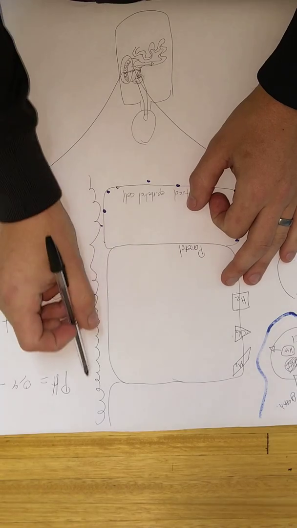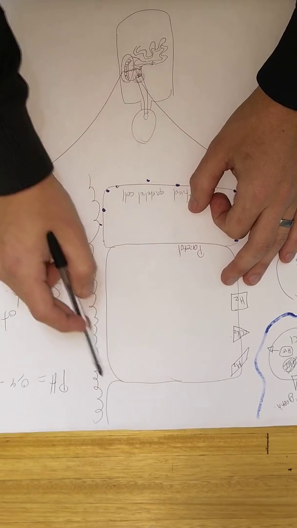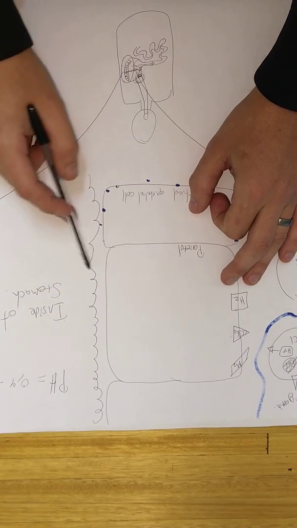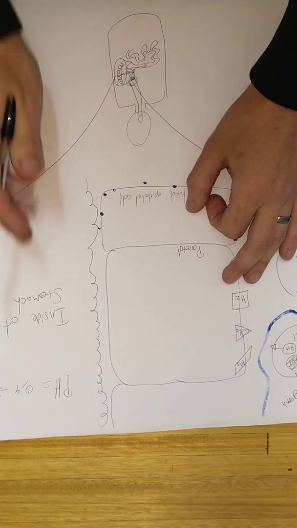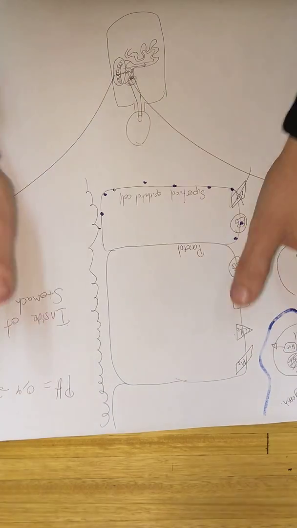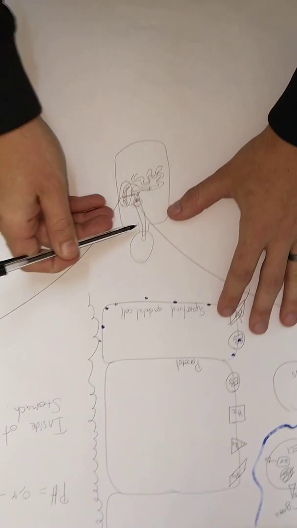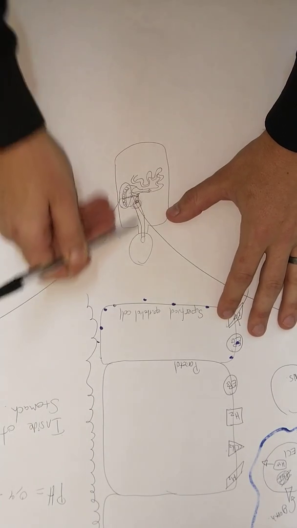But because we have this amazing mechanism of making this mucosa, we actually protect our cells against it. But our esophagus doesn't actually have this.